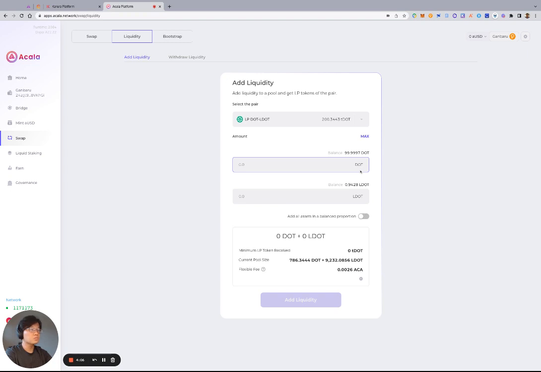So for example, if I just type in 50, I could do single-sided staking just with DOT, and then it's going to return 49.83 Tdot. So this is what we mean by the minting process of Tdot.